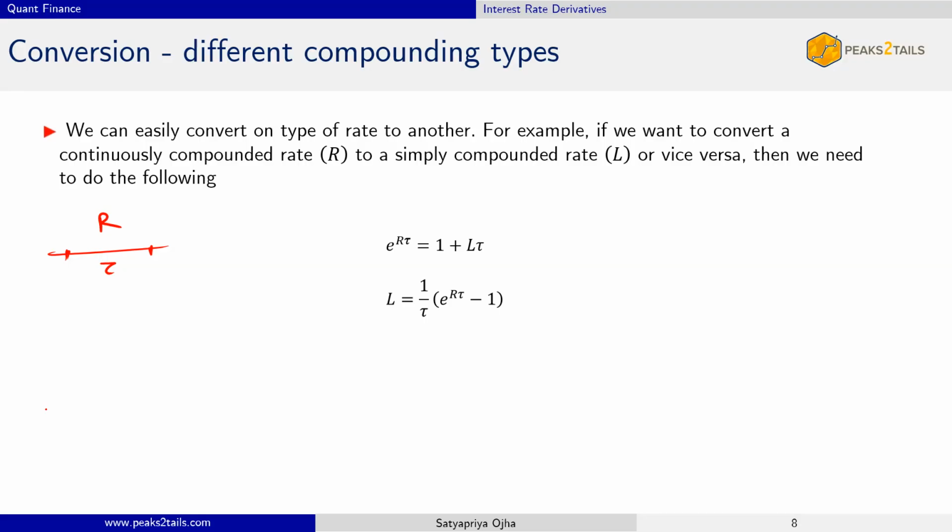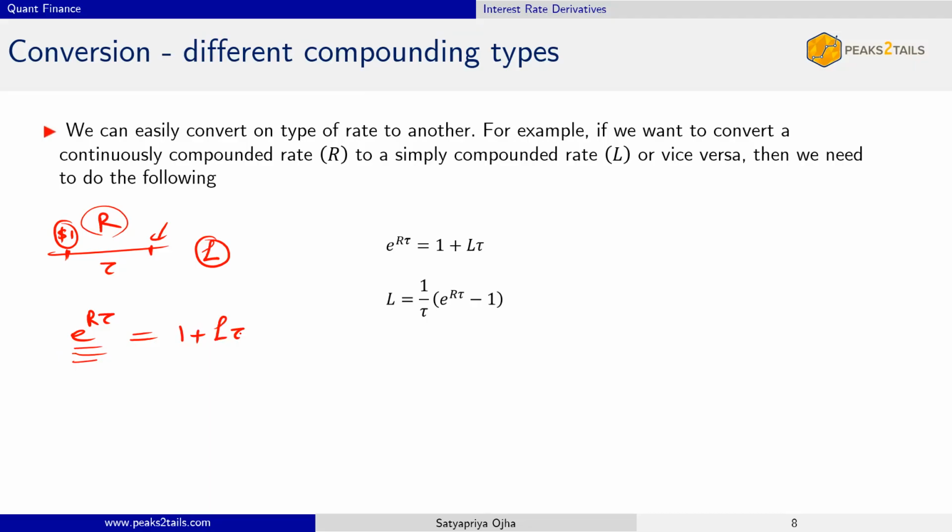That's what conversion basically means. You're quoting the rate in a different compounding frequency. So I know that if the continuous compounding rate is R, the money that I'll have at the end of the period is e to the power R tau, if I invest $1. An equivalent simply compounded rate L will give me the same money: 1 plus L tau, linear growth.